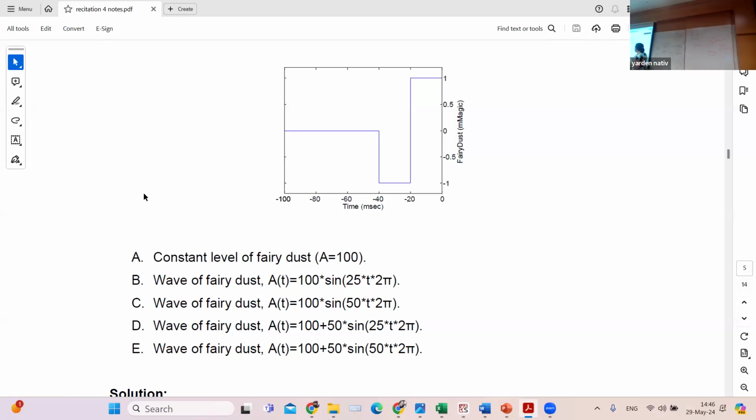But look, there is also another difference, the amplitude. Over here the amplitude is 100, while here it's only 1. So you just need to pick which one is the most relevant and closest to the data that you're looking at. Yes, the one with the 25 hertz.